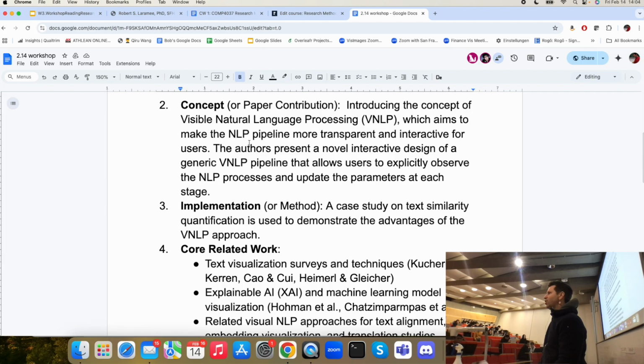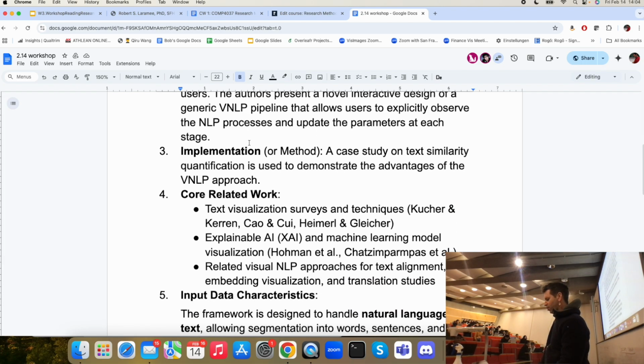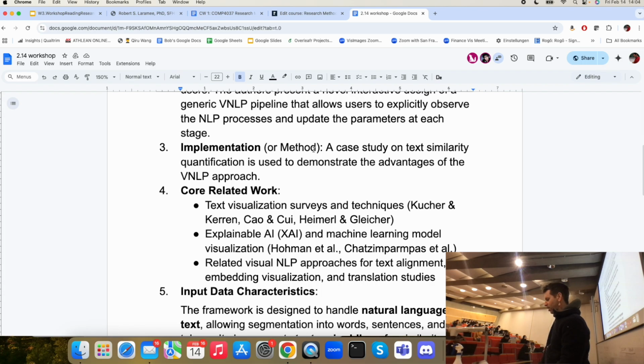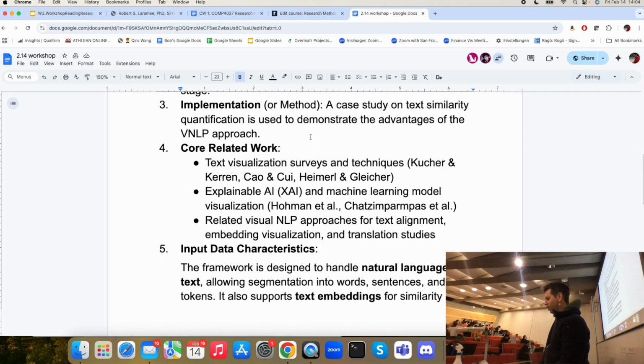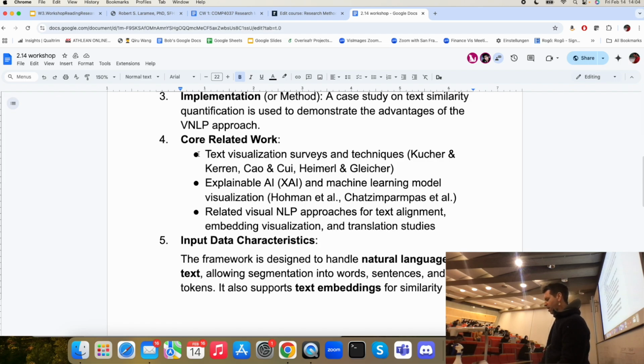And a screenshot would be a good thing to show here, a screenshot of the natural language processing pipeline. The core related work, okay, this is a tricky one because this paper, the core related work is not so obvious.